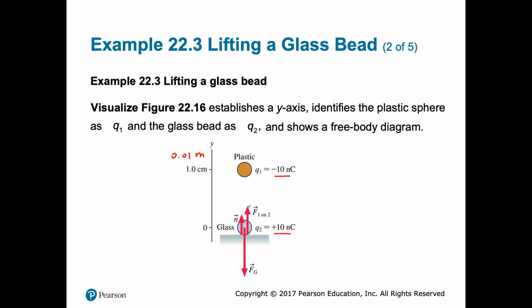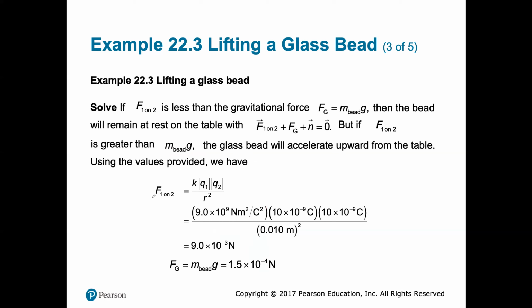If the electrostatic force or the attractive force is greater than its weight or the gravitational force, then it will leap up or it will be attracted. If not, if the gravitational force is greater, then it will stay on the table, of course. Then let's calculate both of the forces. First of all, the electrostatic force: we'll use Coulomb's law.